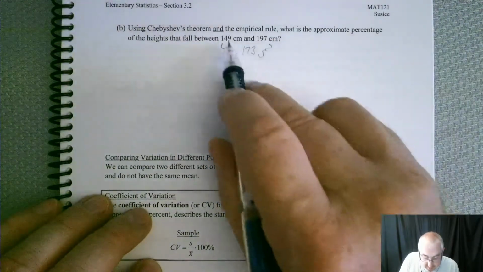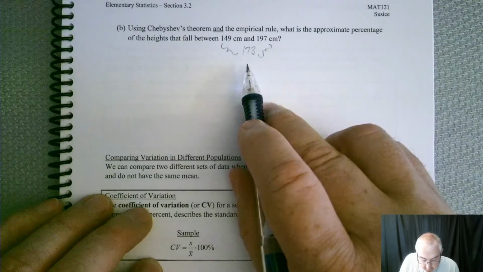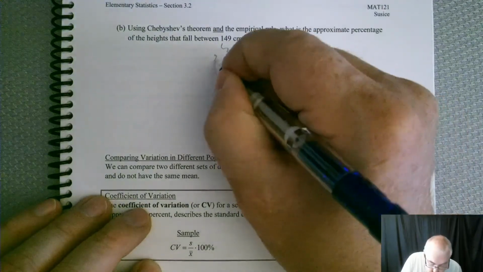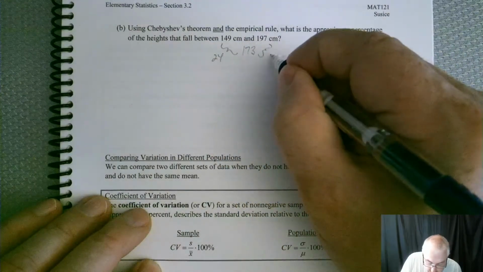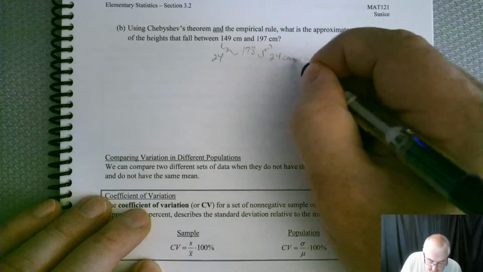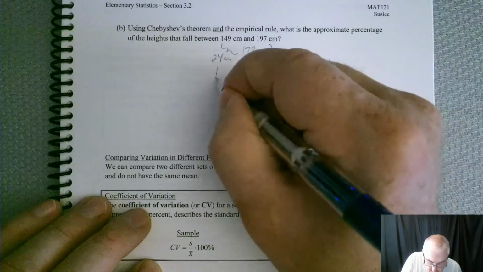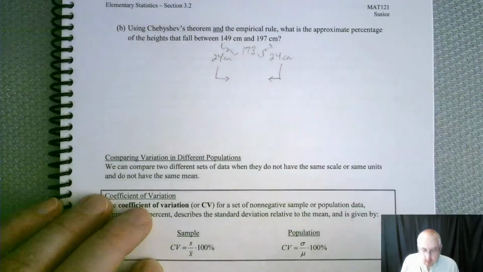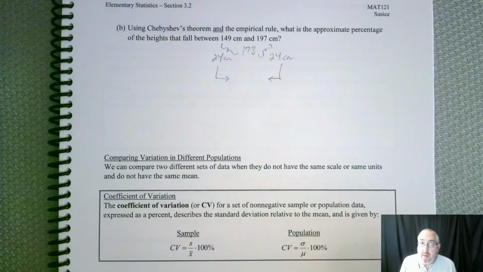So if we subtract that, it looks like 24 maybe. And it looks like 24 on this side. So what's 24 centimeters in terms of a number of standard deviations away?